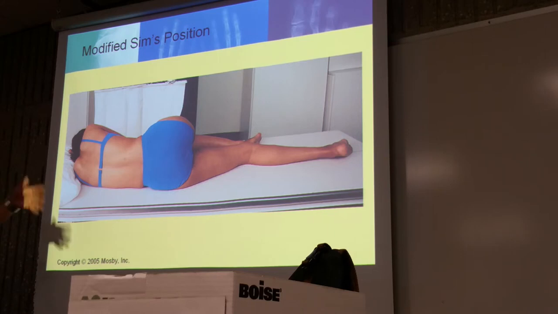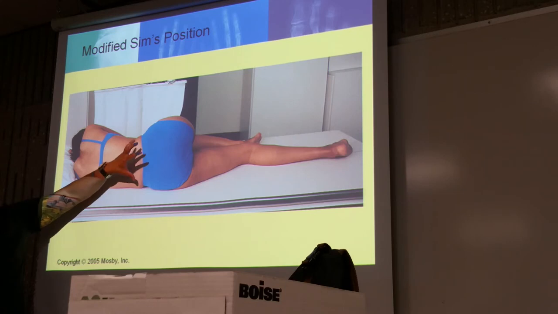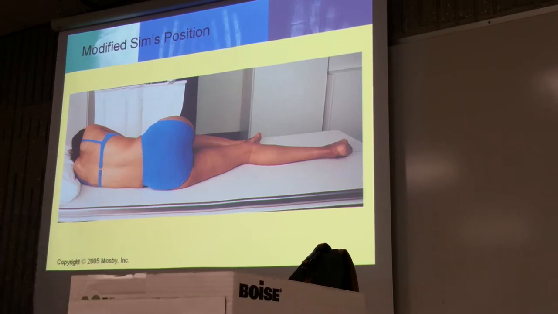Underwear off, of course. They're going to be covered, and you are preserving their modesty, but this is the most common position. So it's right leg over the left, hip slightly oblique. That's the modified Sims. Again, we'll revisit this later on.